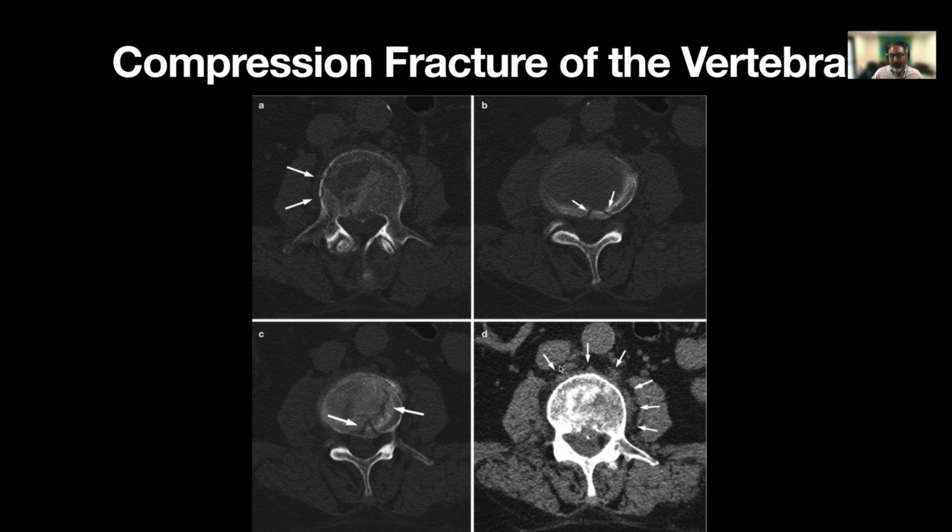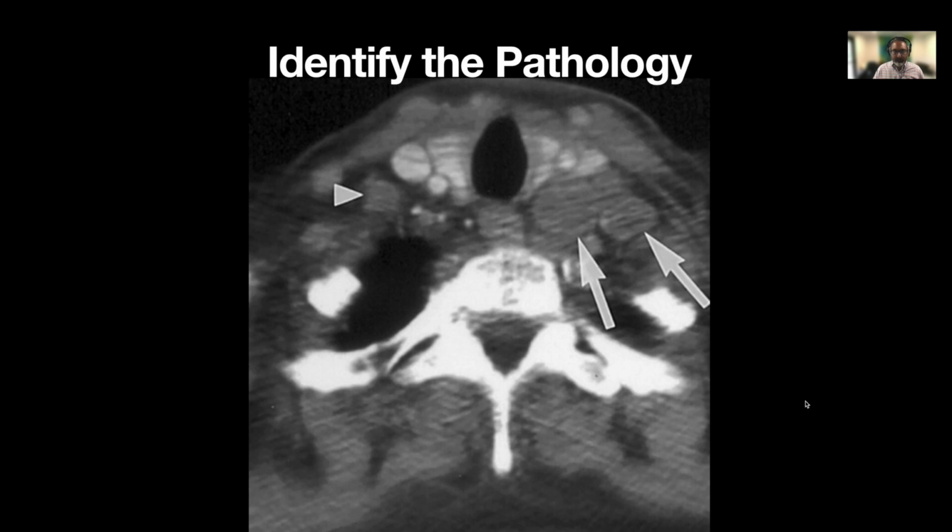I kind of forget what this is, but it could be a compression fracture because of metastases, and metastases can lead to bone destruction. So I think maybe they're showing that that's the metastases there. Yeah, right. All right, let's keep going.